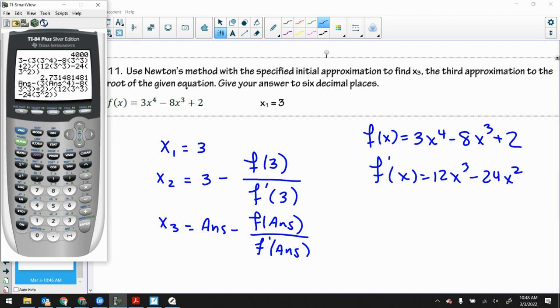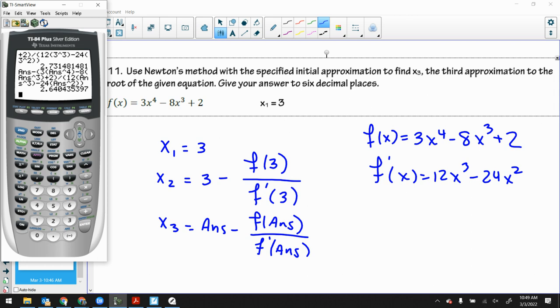Come on. There it is. Minus 8 times 3 cubed. And that 3, that's what I replaced with my answer. Plus 2. Then over 12 times 3 to the third. So that's answer to the third. Minus 24 times answer to the second.